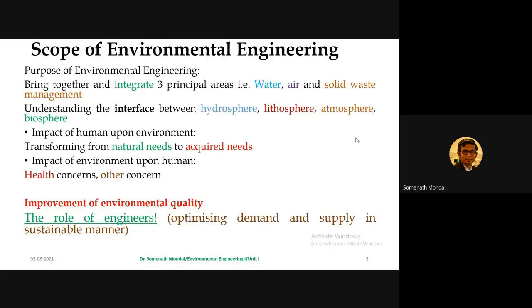And that is why it is imperative to understand the scope and how that is related to your profession. Fine. So that is why we say that there are three principal areas: water, air, and solid waste management.